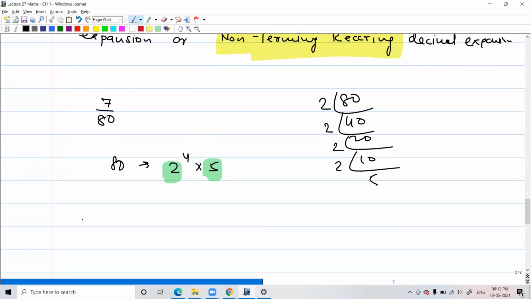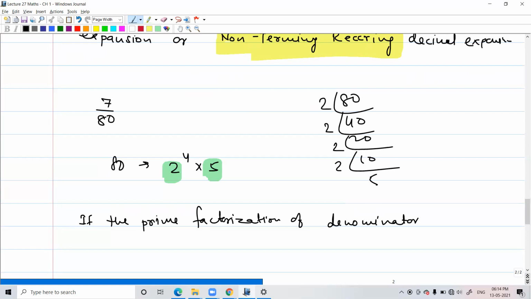So what I'm trying to say is, if the prime factorization of the denominator has only 2 or 5. Remember, it doesn't have to be 2 and 5 both at the same time every time. It may be only 2 possible. You may have only 5s, that is also okay.